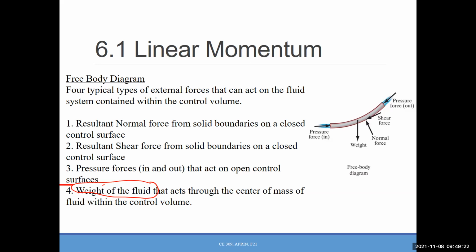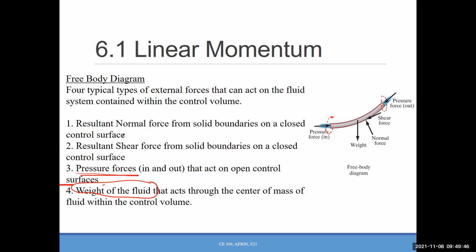Another one can be the pressure force that acts on the open control surface, like here. That is another type of force. If it's not given, we will consider the atmospheric pressure. If it's given, we will use that. There can be 2 other types of forces.